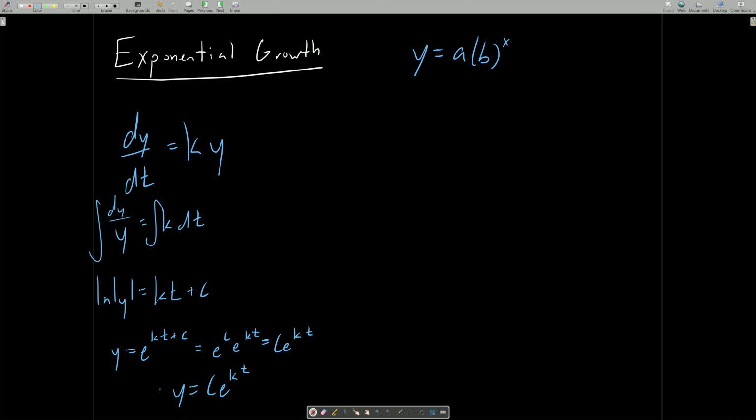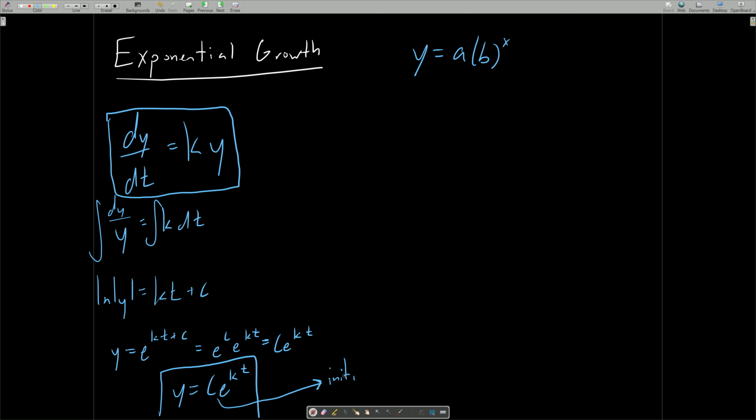This is standard form for if you're solving an exponential differential equation. The c represents your initial amount. This could be population or an amount of money or something like that. e is just e.